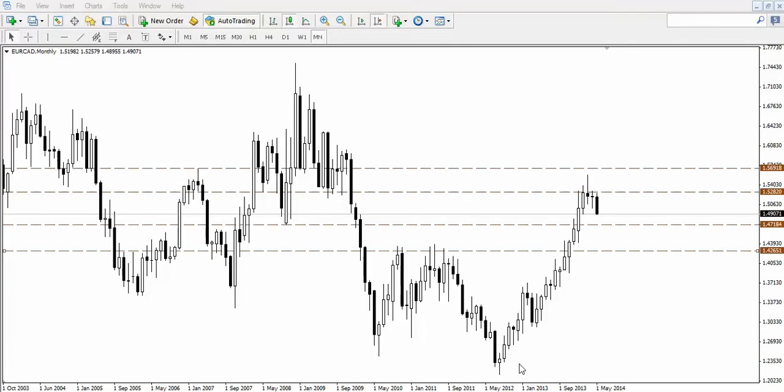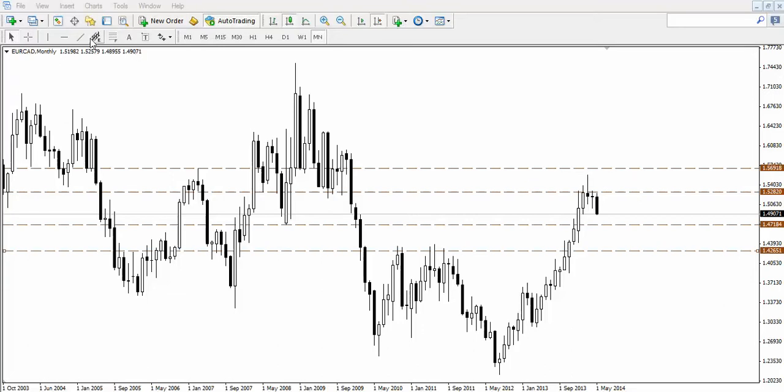I'm just going to do a little video analysis on the EURCAD. So this pair was highlighted in Nigel's weekly newsletter. We had this pin bar here, the May, April, March pin bar, which nicely hit this level of monthly resistance.